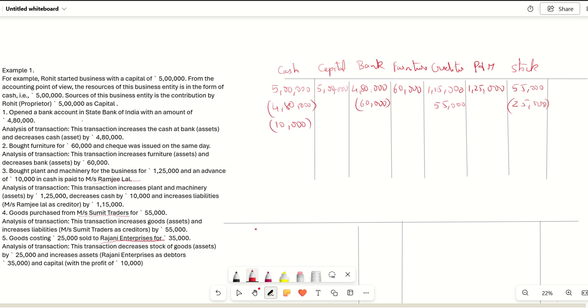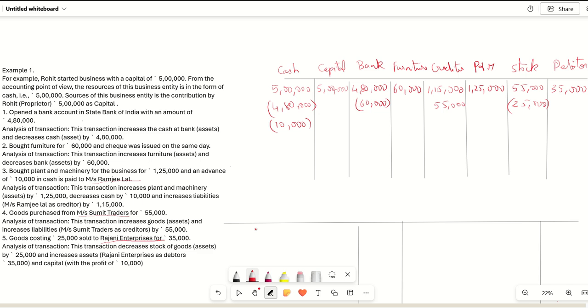When you maintain separate accounts, you can maintain them with the names, but here just to find the balances, I am writing a common term, debtor. Ranjini Enterprises will be the debtor. So he is supposed to pay the business 35,000. Okay, so that's the last transaction.